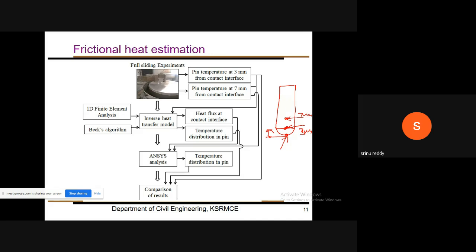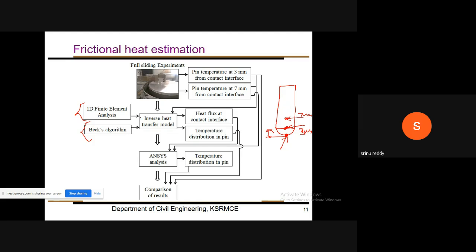The input data is the temperature measured at 3 mm and 7 mm, and we follow an algorithm to get from these known temperatures to the unknown one. We used finite element methods and Beck's algorithm, which I will explain in further slides.